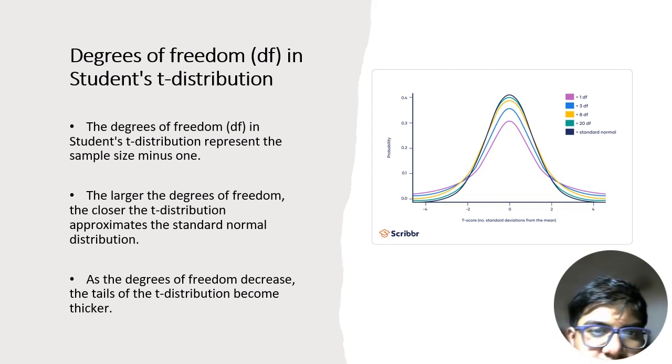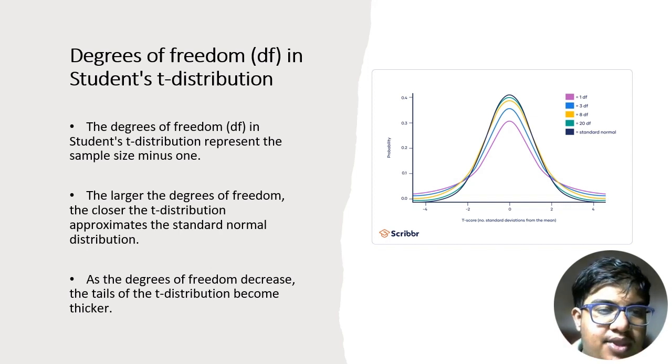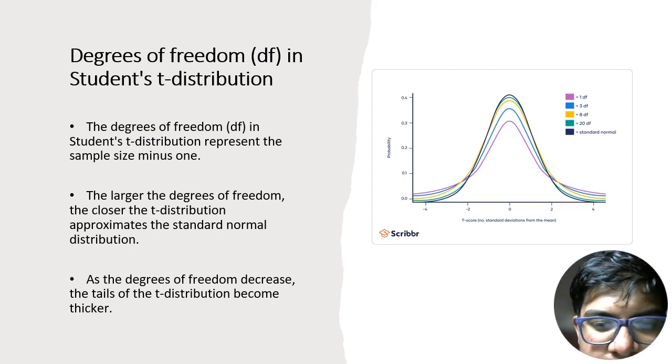The larger the degree of freedom, the closer it approximates the standard normal distribution, which you will be calculating while doing the sums. Now, as the degree of freedom decreases, the tails of the t distribution become thicker, which you will see here in the diagram. Do pause the video and see the diagrams.